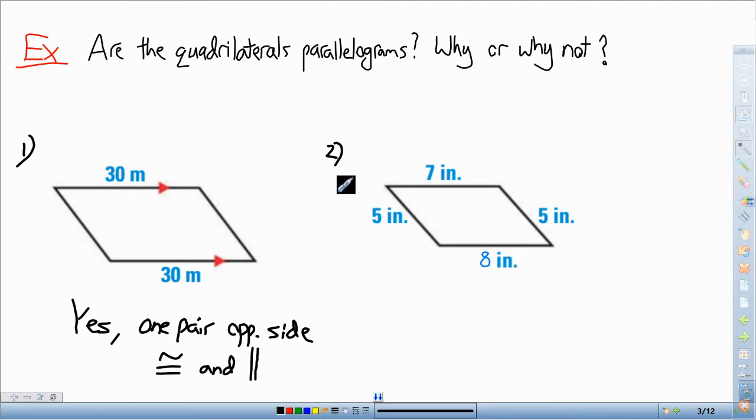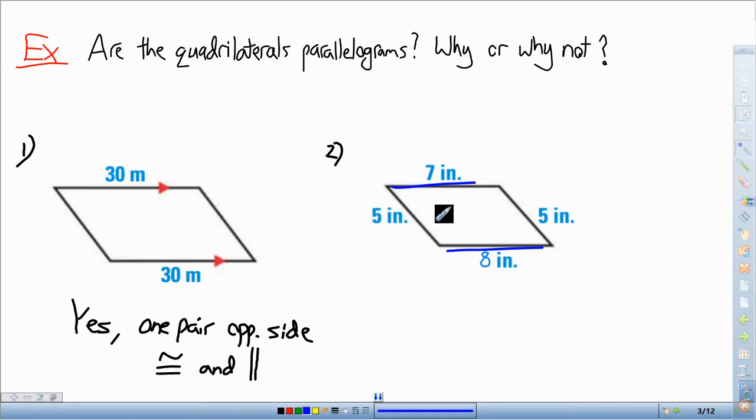Let's take a look at number 2. Again, we're dealing with side lengths. So here's what I know. When we're given all 4 side lengths, I need both pairs of opposite sides to be congruent. I notice that this side length is congruent to this one, those opposite sides are congruent, but are these opposite sides congruent? No, this one's 7 inches, this one's 8 inches.